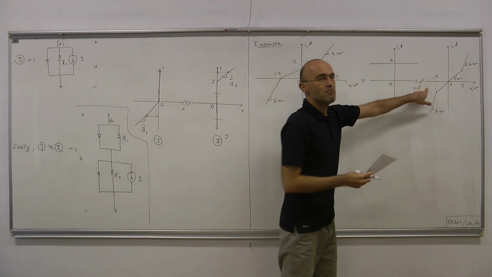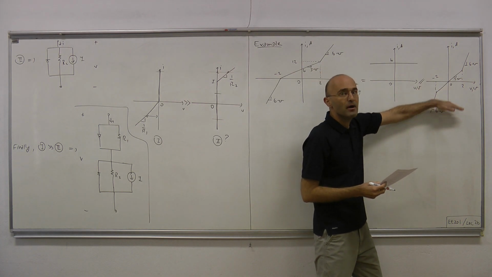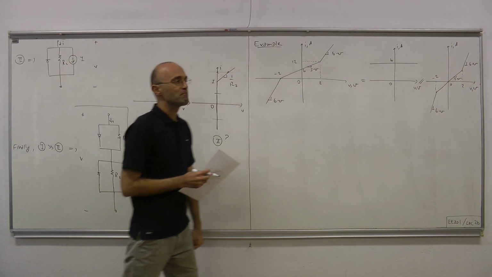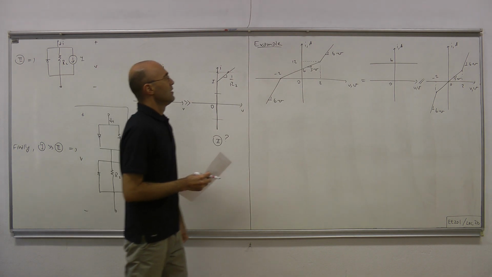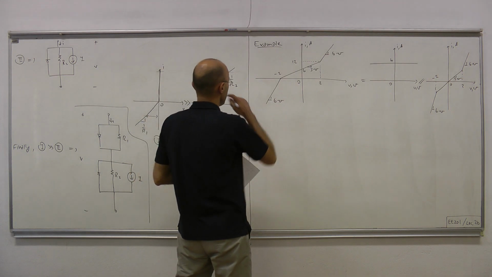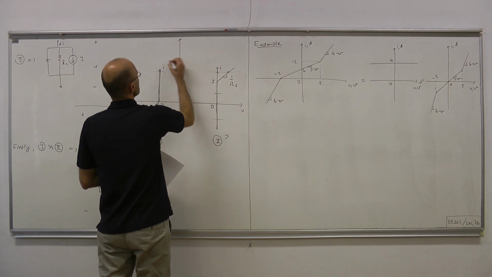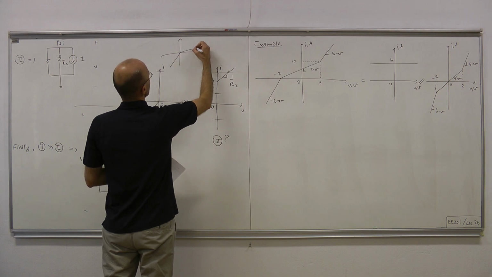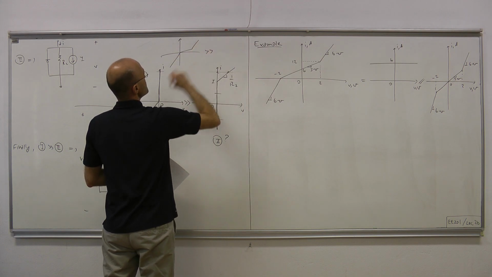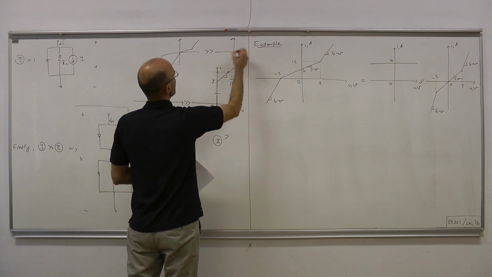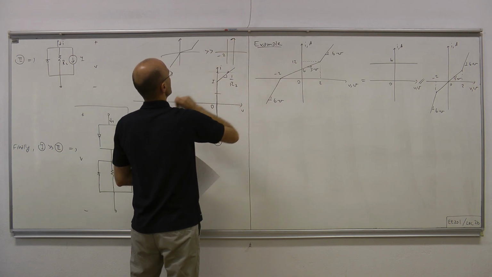Okay, connecting in parallel means we're lifting everything up by 6 units. Now we could do another decomposition. We could say, okay, this is connected in series with minus 2 volts.